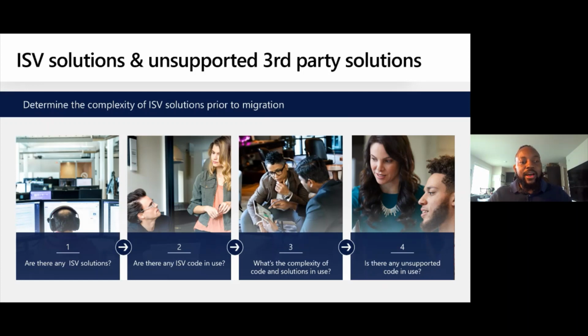With those, you need to determine whether they need to be upgraded to work in a later version that works online. If it's coming from an ISV, maybe communicate with your ISV, or check if there are later versions for it, and do the testing with those solutions.